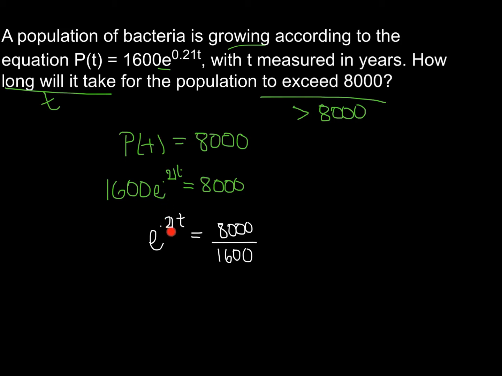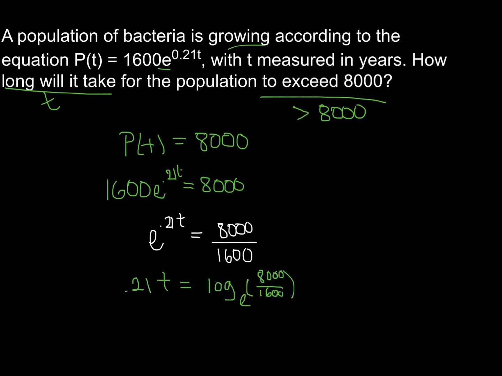We know that the exponent will be log base e of 8,000 over 1,600. So I have 0.21t, my exponent, is equal to log base e of 8,000 over 1,600. We're almost there.